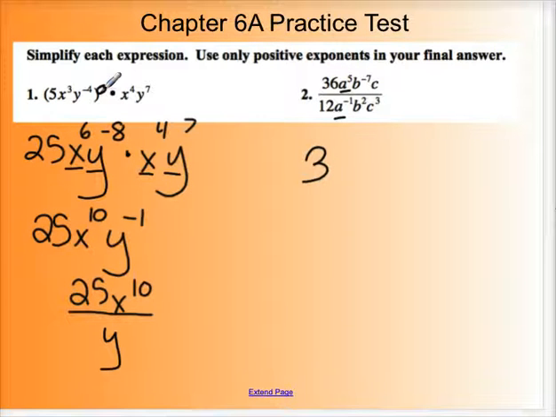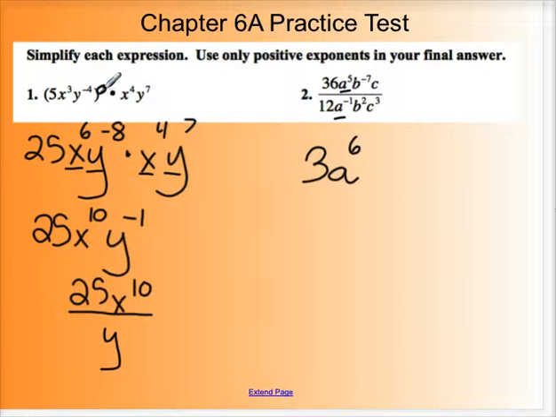Now remember, for division, we're talking about subtracting the exponents. So here, 5 minus negative 1. Well, 5 minus a negative 1 is the same thing as 5 plus 1. So we're actually going to end up with an a to the 6.